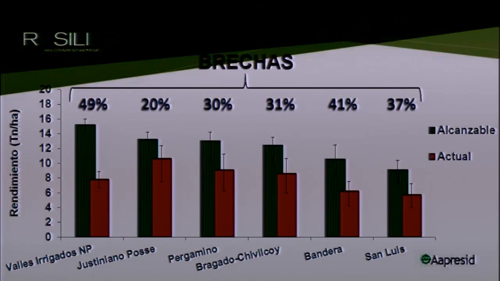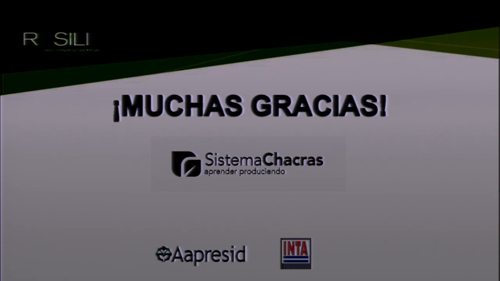We can improve current yields by 20 to 50%, and when we try to reduce these production gaps, it is crucial to really know the environment, the production system, and include the farmer in the development process, because the empirical knowledge farmers have help us identify the problems that may result in the production gaps, and that of course leads to shorter times to get a proper result. So let me finish by thanking you, the team.